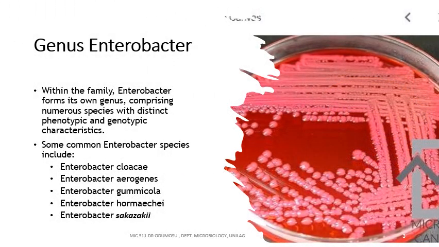Enterobacter comprises other members that are not so popular, but they also have their own significance, and they comprise numerous species with distinct phenotypic and genotypic characteristics, including Enterobacter cloacae, Sakazakii, and Asburiae. Like I said previously, the ones that are relevant to most study include Enterobacter aerogenes.